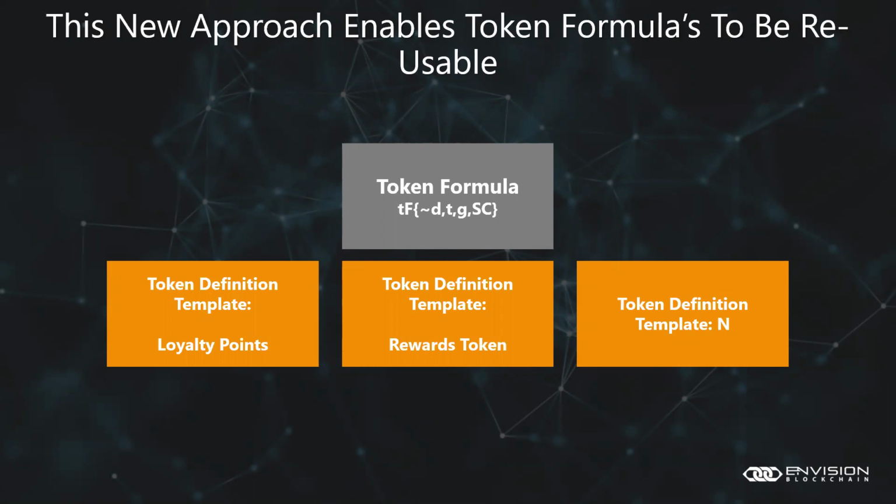What's very interesting about the redefined TTF is that you can now have a token definition template such as loyalty point and a token definition template such as a rewards token, which leverage the same token formula, but have obviously different definitions. And obviously the third box there, token definition template N, means that this can go on, and it's up to us as the enterprise adopters of this token taxonomy framework to begin and continue defining additional templates.